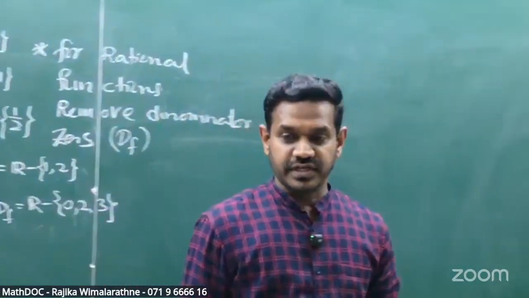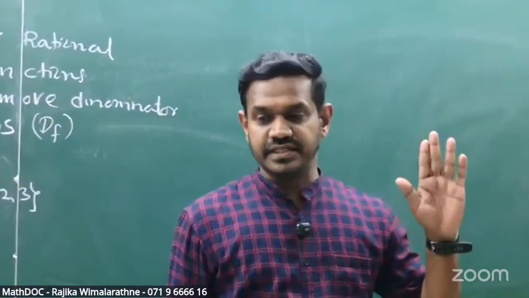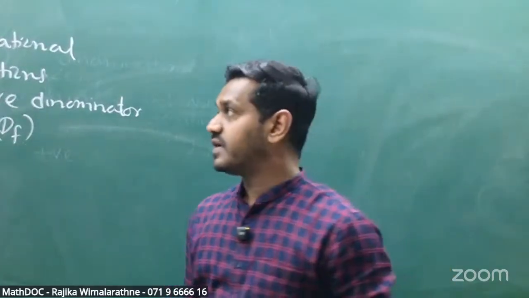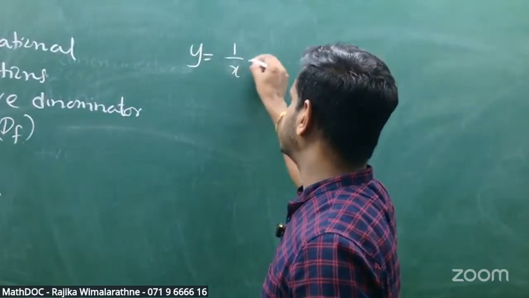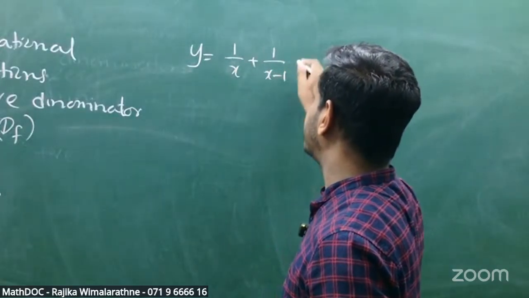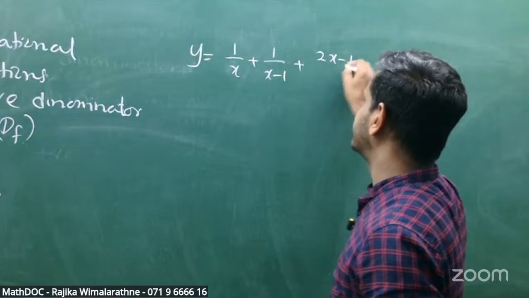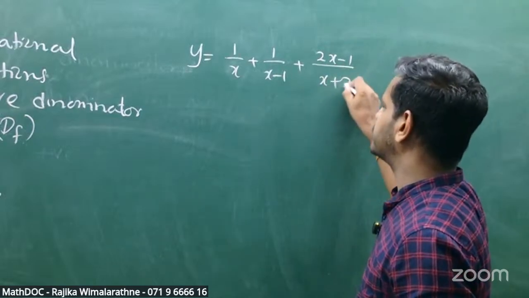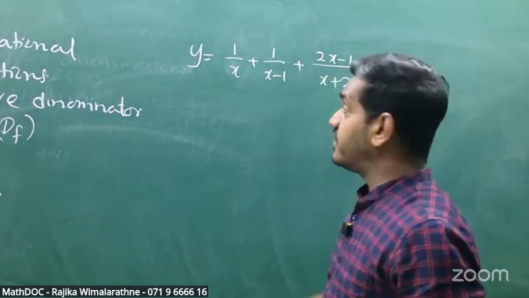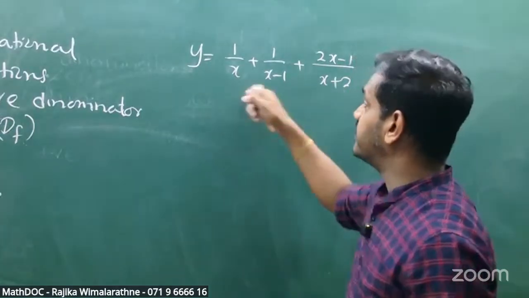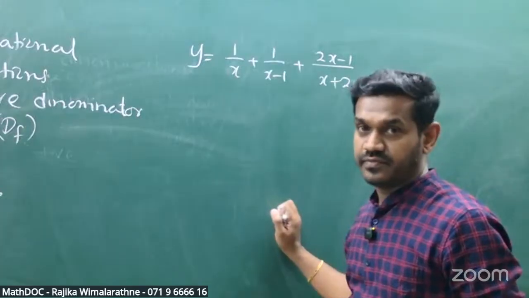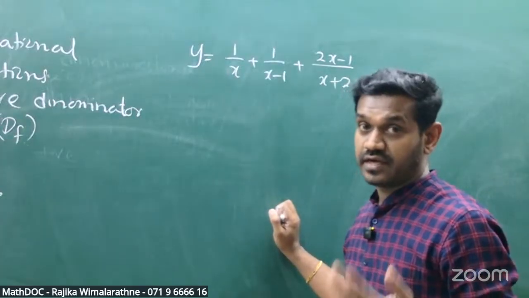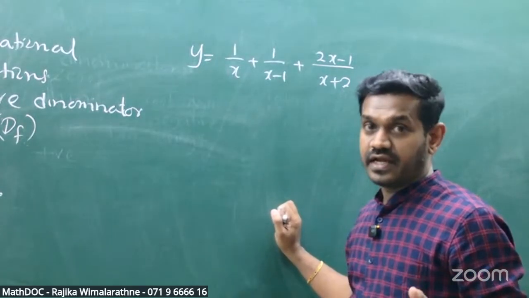Okay. Now let's move a little further. Now you see this: y equals 1 over x plus 1 over x minus 1 plus 2x minus 1 over x plus 2. We have added three rational functions, no? So when finding the domain, we need to eliminate denominator zeros.